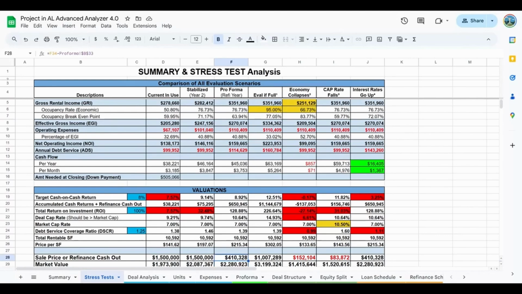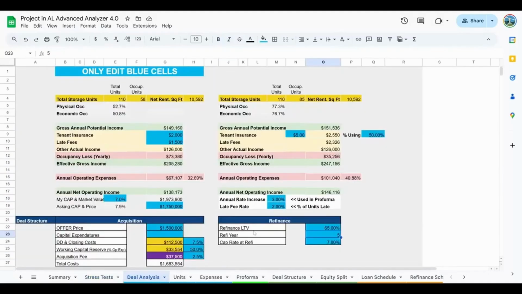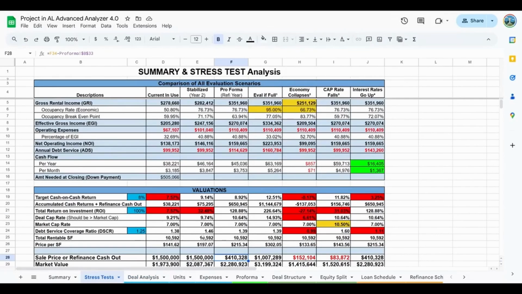And when we refinance, we're going to refinance at a loan to value of 65%. And this is the cash out you will be receiving based on our pro forma numbers.